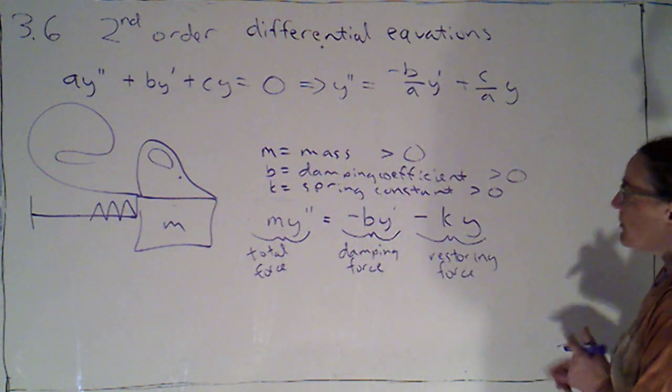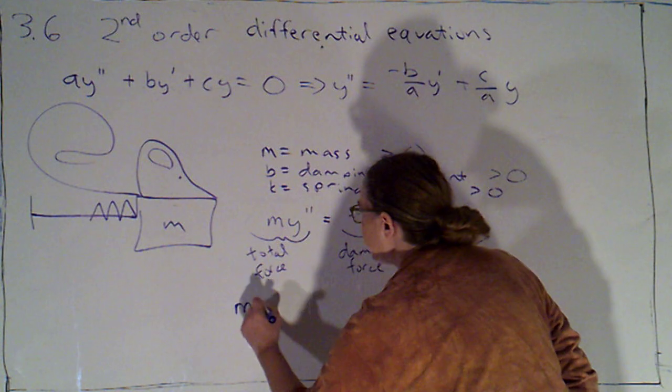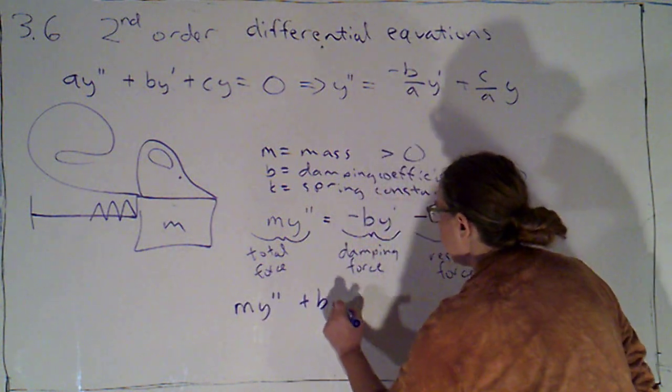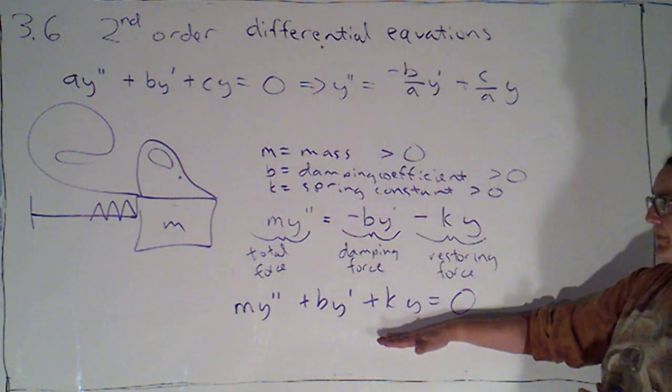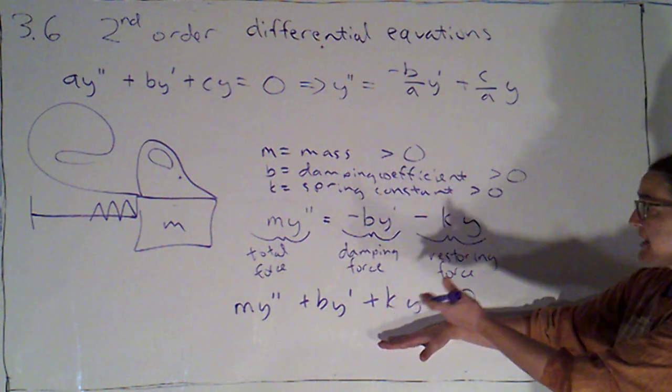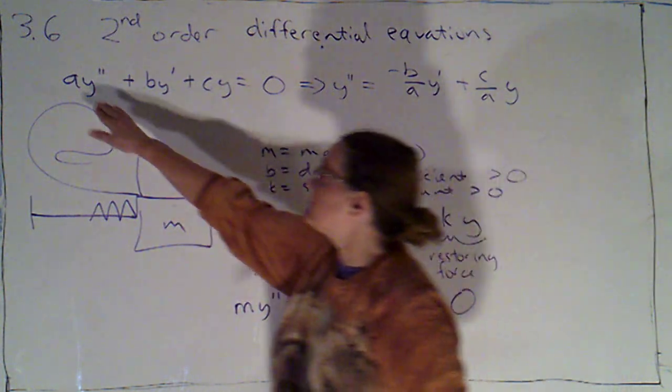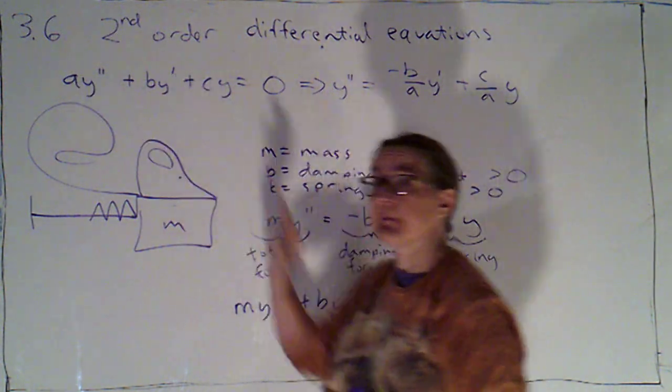Okay. So if I were to add everything over to one side, I would get something that looked like this. So I've just got M, B, and K as my coefficients rather than A, B, and C. Okay.